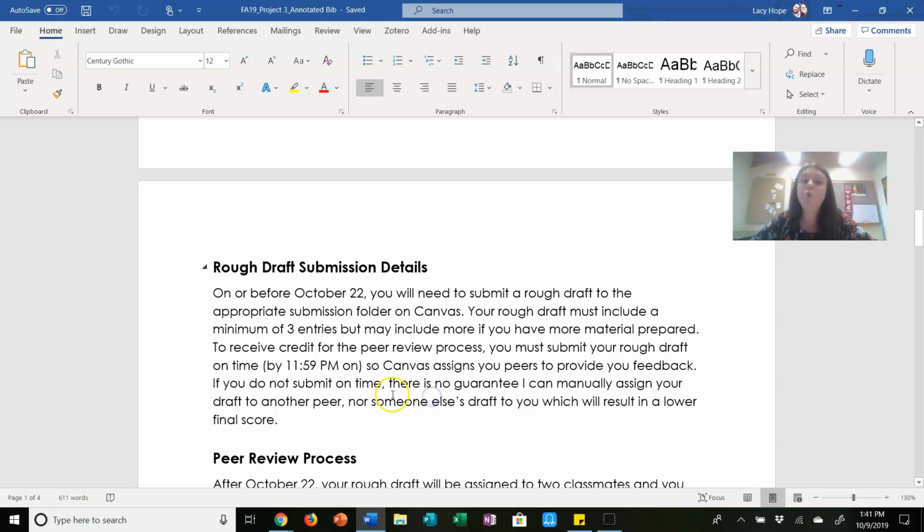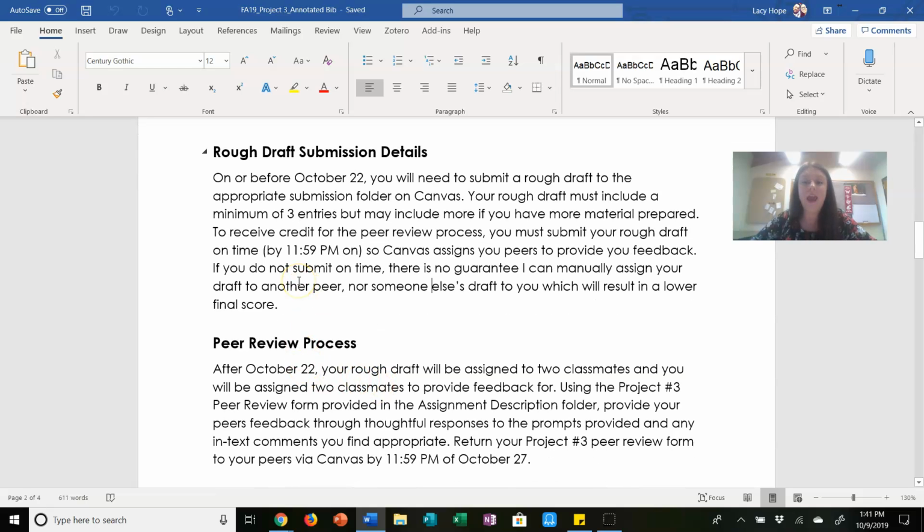Okay, similar to what we've done in the past, there will be a rough draft due. So on or before October 22nd, you will need to submit a rough draft to the appropriate submission folder on Canvas. Your rough draft must include a minimum of 3 entries, but may include more if you have more material prepared.